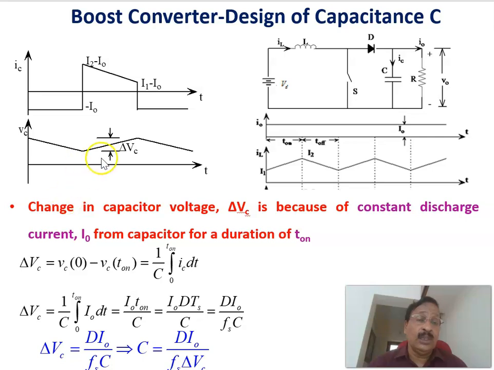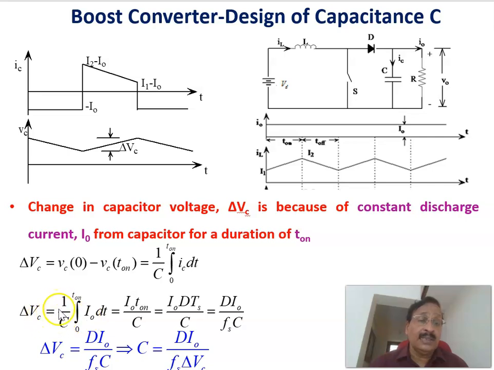Therefore, delta VC is given by VC at 0 minus VC at T on, which is nothing but 1 by C integral 0 to T on, for this period, of the current through the capacitor, which is equal to minus I0, dt. Of course, the magnitude is I0. That is why only the magnitude I0 is substituted.